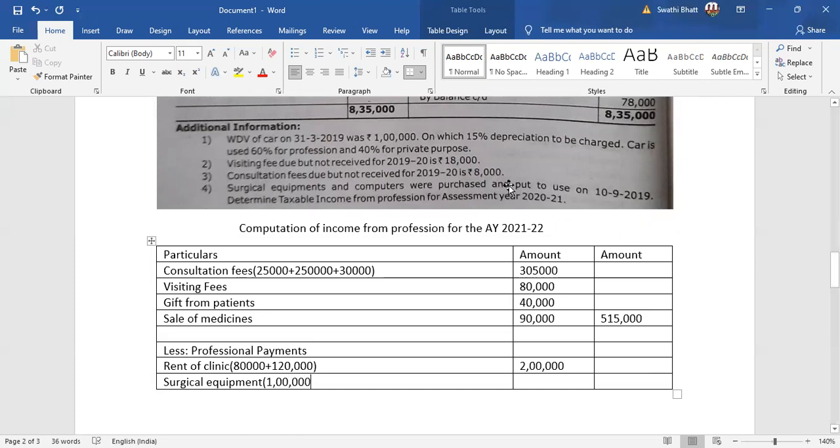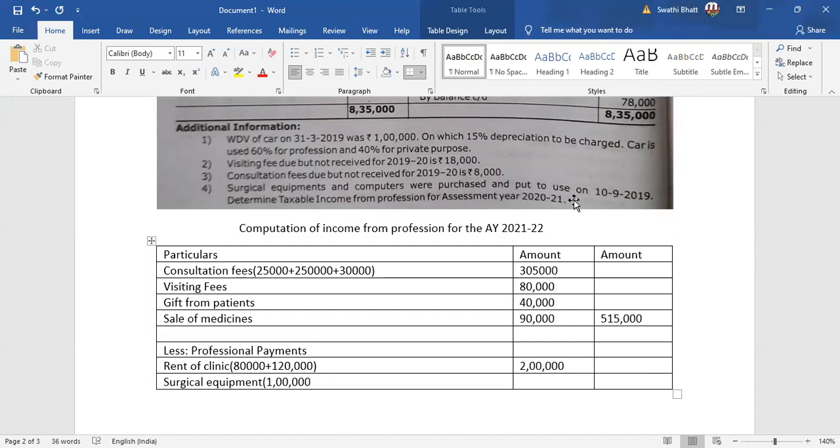If you look at the date, it was put to use from 10th of September. From 10th of September till 31st March, if you calculate, the number of days that you have used the asset is greater than 180 days.